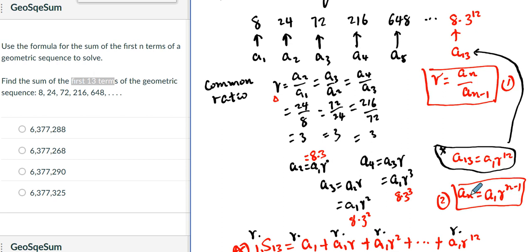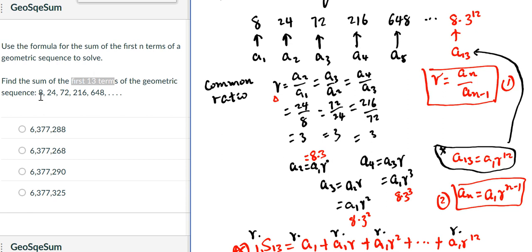That will be the nth term. For example, n is 13. Then we shall have the first term times ratio r, in this case is 3, and here will be 13 minus 1, which is 12. So that's the second formula. So we got 2 important formulas.